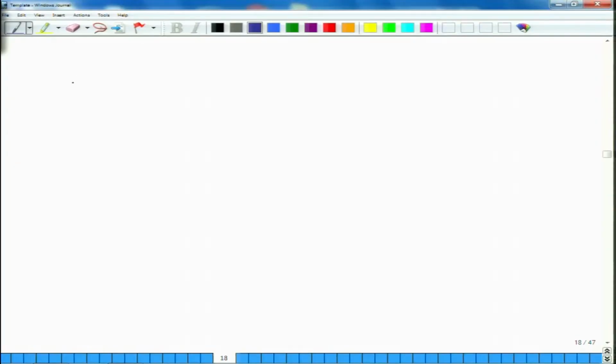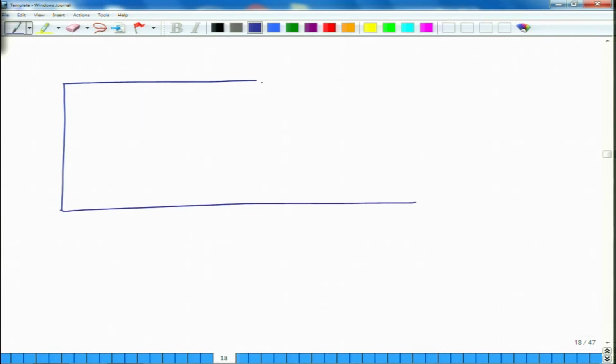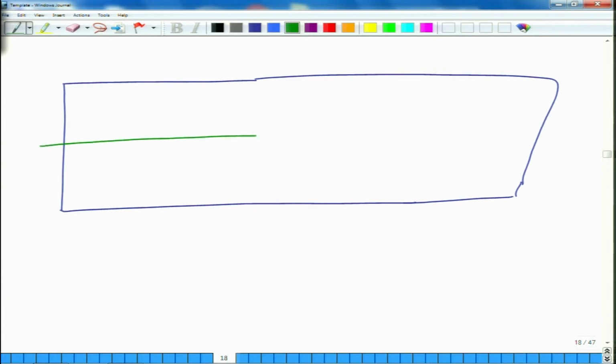So, consider a laminate, and let us say this is the mid plane of the composite, and let us say it has several layers.